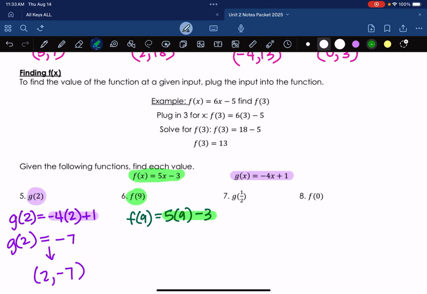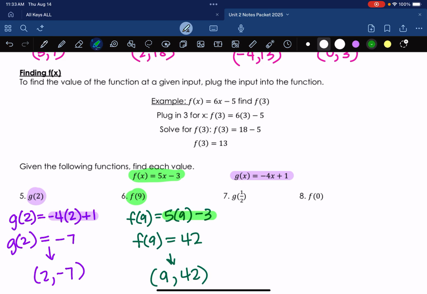Plug this into Desmos or into your calculator, either way, depending on what you have. So f of 9 is equal to 42. Or we can represent this as the point: if I input a 9, that's the x value, I get out 42.